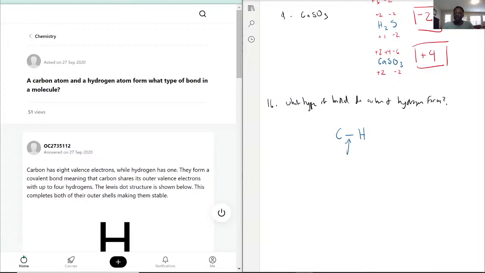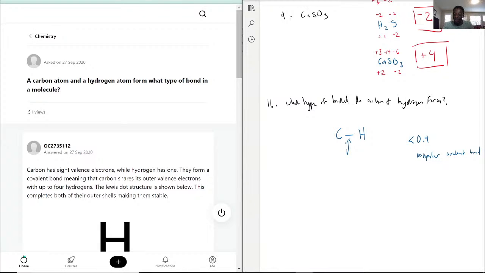The ranges state what type of bond you get: an electronegativity difference of less than 0.4 is a non-polar covalent bond.